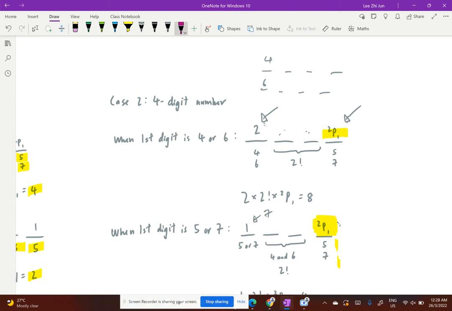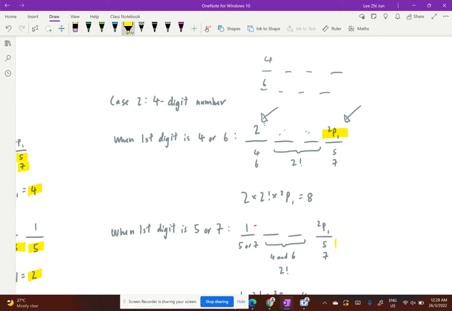Conversely, if I use 7 here, 5 will be the only choice for the first digit. And the middle 2 digits will be 4 and 6. I can arrange them like 4, 6, or 6, 4, so it will be 2 factorial. There are 2 types of arrangement.